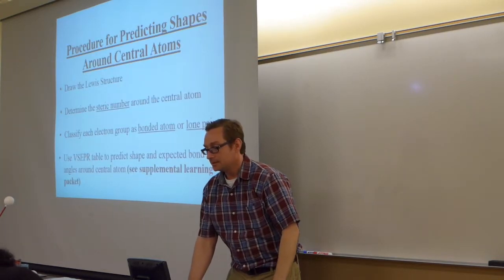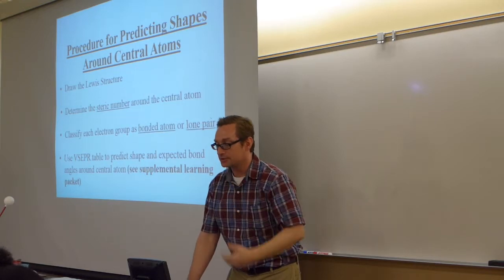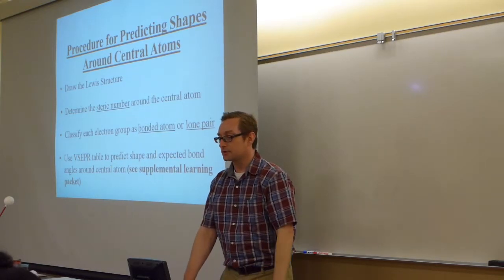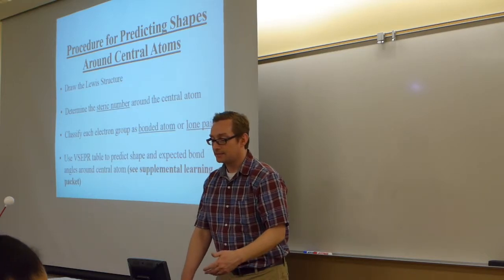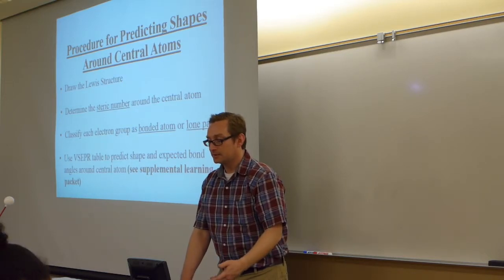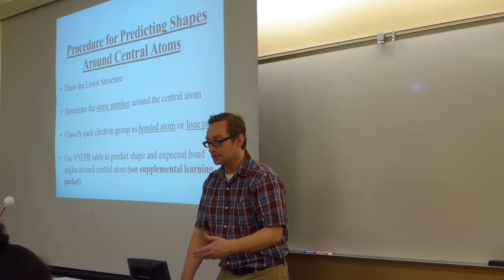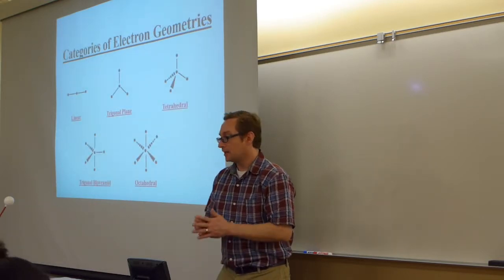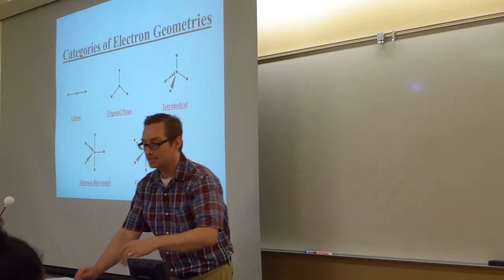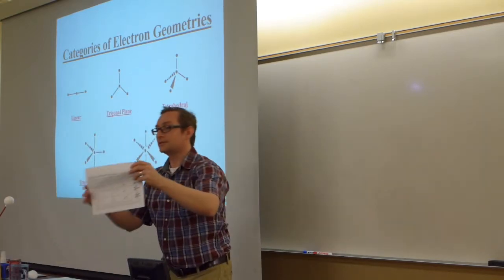So the way to predict the shape of a molecule is to first draw the Lewis structure, determine the steric number, classify it based on the steric number, and you do that using the VSEPR table. You should have a sheet that looks like this.